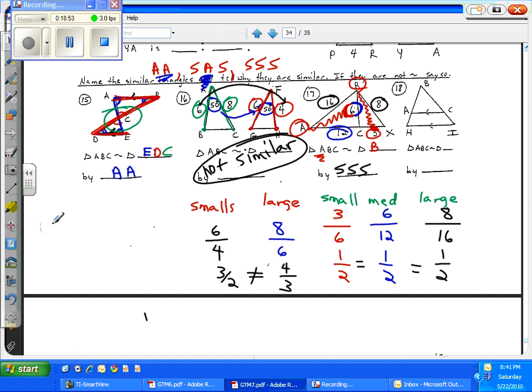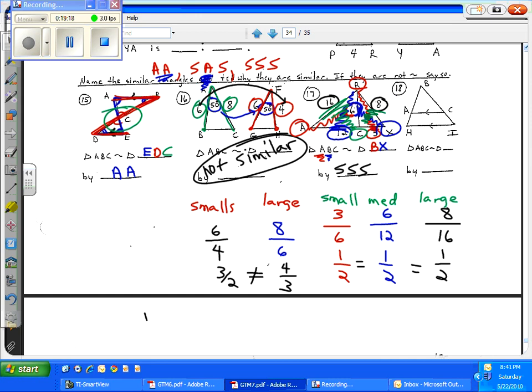Now B of the one on the left is opposite the medium size side. So we look opposite the medium size of the one on the right. Opposite it is X, and so B goes with X. C of the one on the left is opposite the largest side.